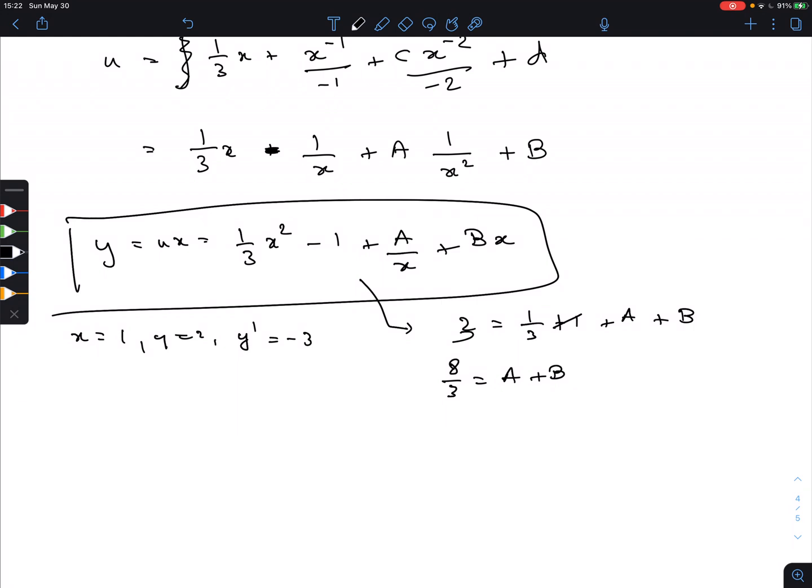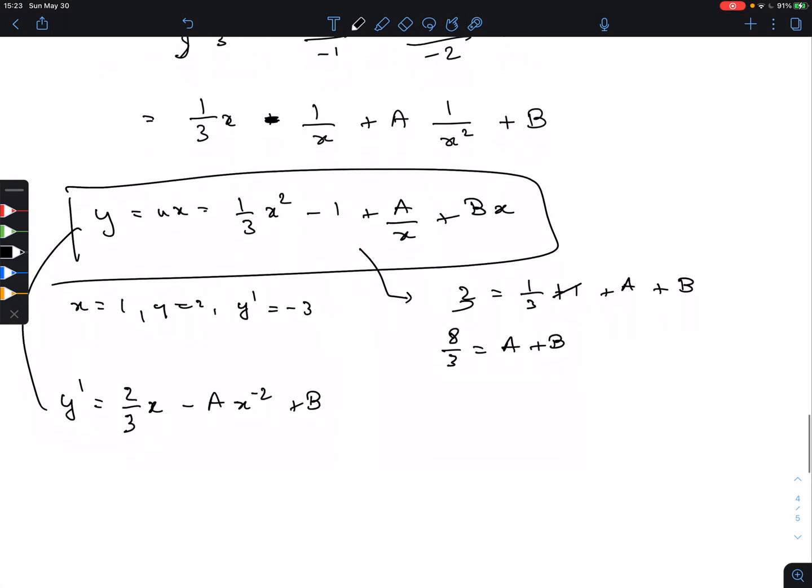And then I need to take the derivative of this thing, so y prime is 2/3 x. The derivative of 1 over x is minus a x to the minus 2. I'm doing the power rule, taking derivatives, plus b.